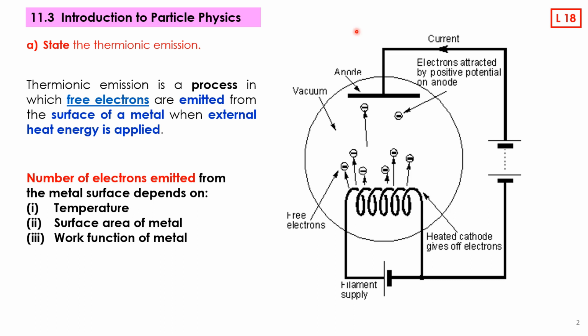And we know from previous chapters that the number of electrons emitted from the metal surface depends not just on temperature, but also on the surface area of the metal used and the work function of the metal, which is the amount of energy that needs to be overcome in order for the electrons to be liberated from the metal.